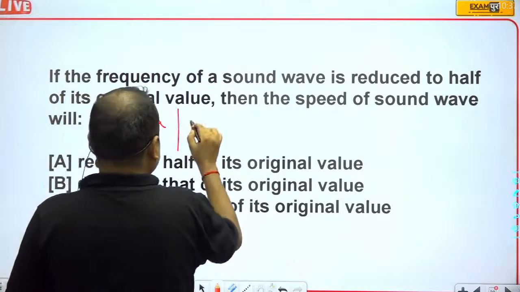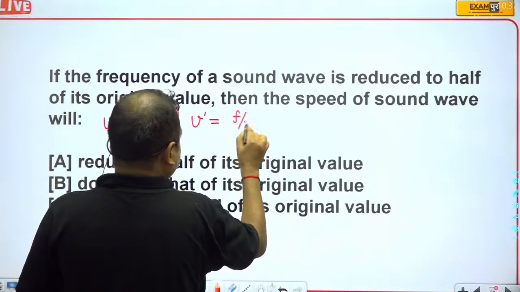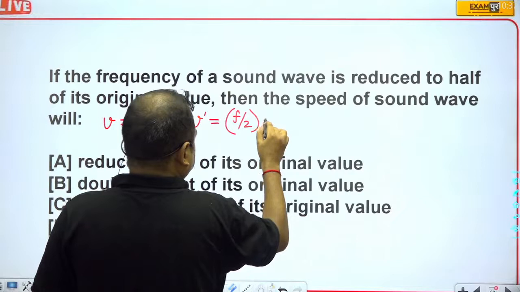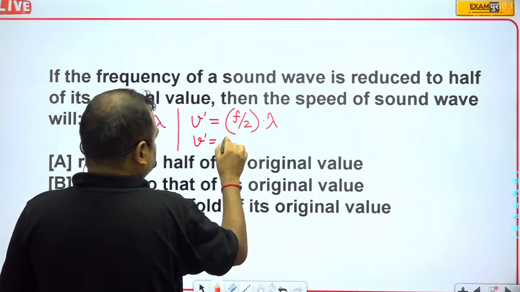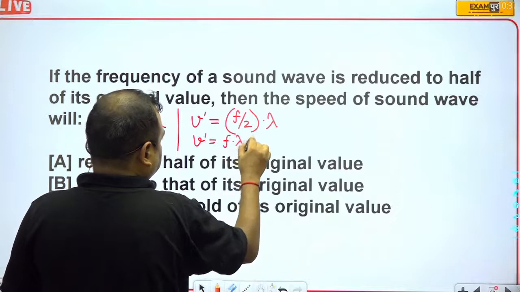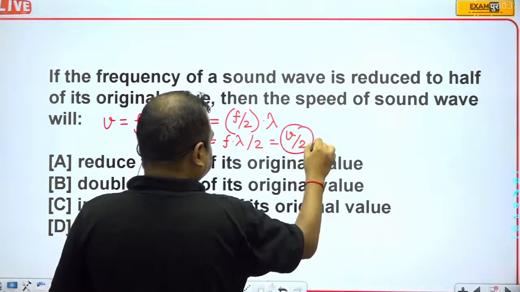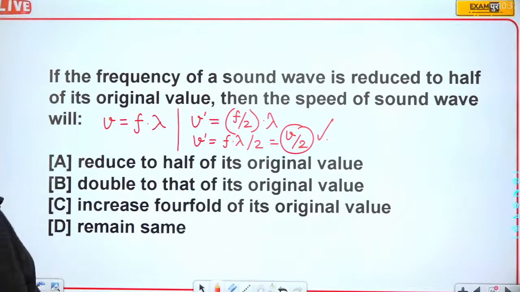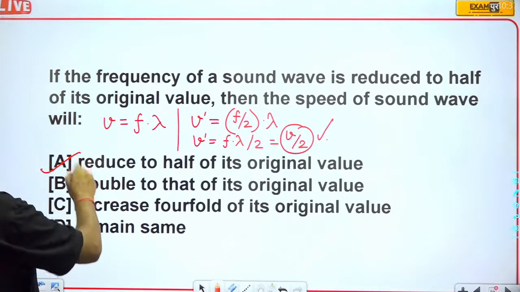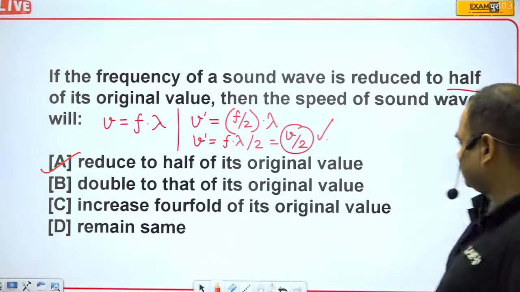Then V dash will be equal to f by 2 into lambda, so V dash is equal to f into lambda by 2, which is V by 2. So it is reduced to half of its original value. So A part will be the correct answer.